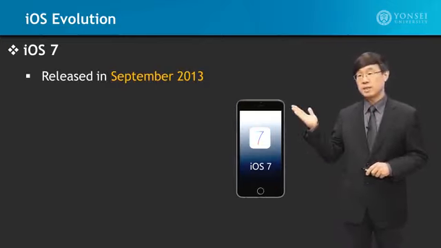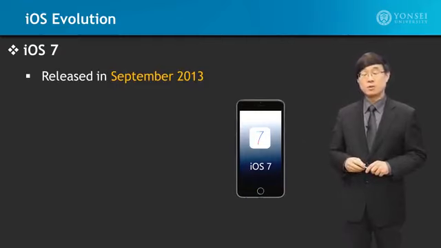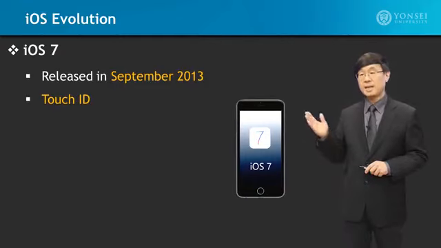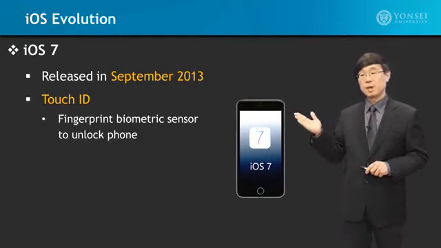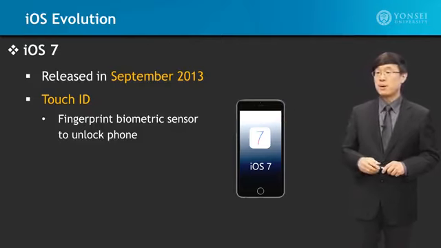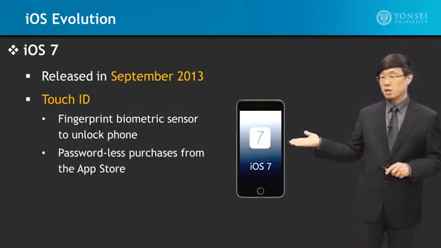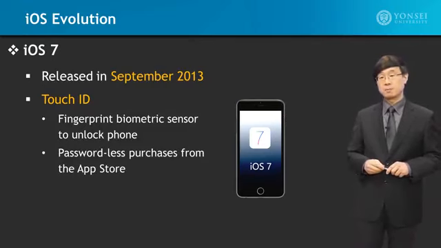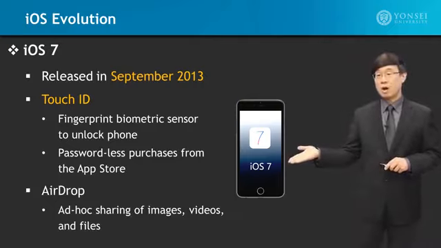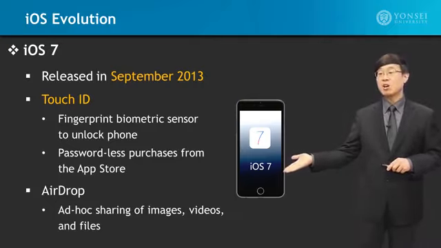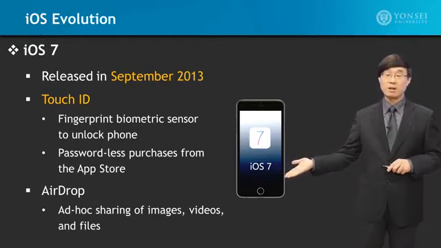iOS 7 was released in September of 2013, and it included Touch ID, which is a fingerprint biometric sensor to unlock your phone. In addition, passwordless purchases from the App Store became available. In addition, AirDrop was added, which enabled ad hoc sharing of images, videos, and files.